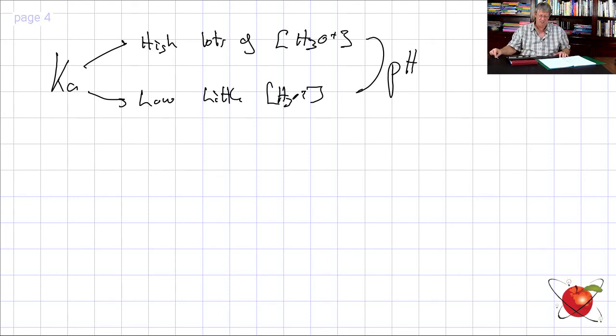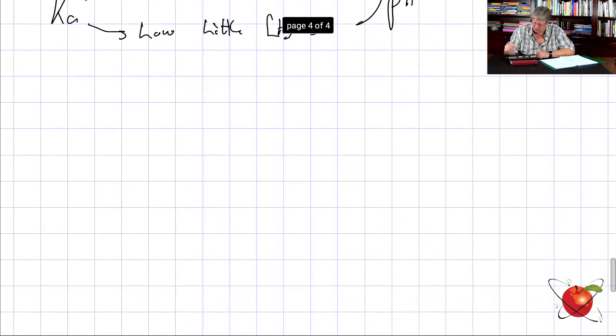You'll get to that in a minute. We'll see later in acid-base calculations.